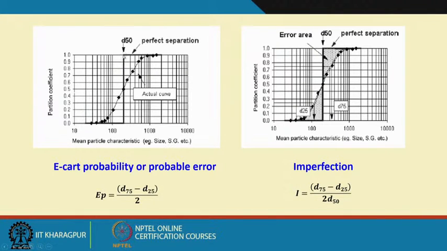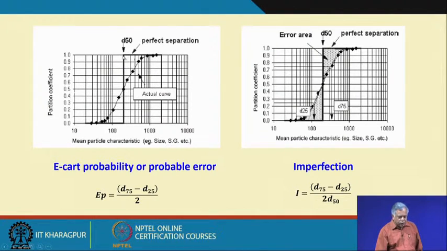All my oversize particles should have a partition coefficient of 1, or 100% efficiency of separation, and all my undersize particles should have a partition coefficient of 0.